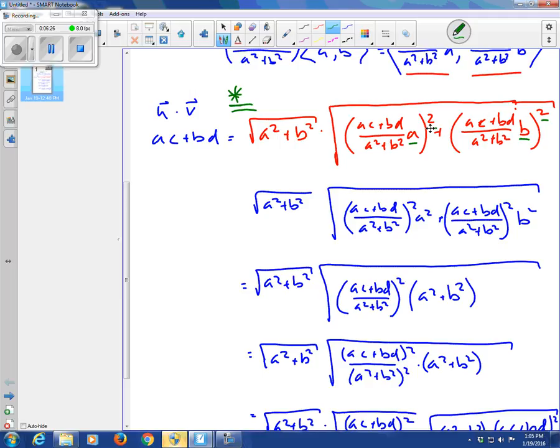Now, right here, since this scalar squared is a factor of both terms here, we can factor it out and say that we've got that scalar squared right there times A squared plus B squared, right?